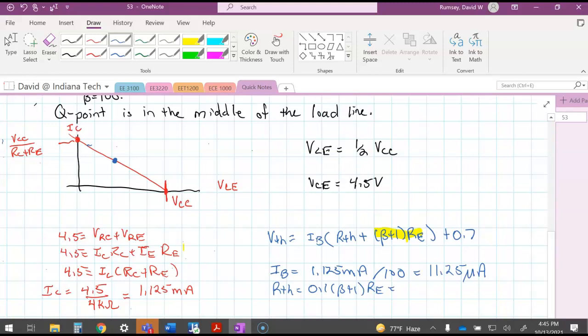So that would be 101 times 1 kilo ohm times 0.1. So R Thevenin is 10.1 kilo ohms.